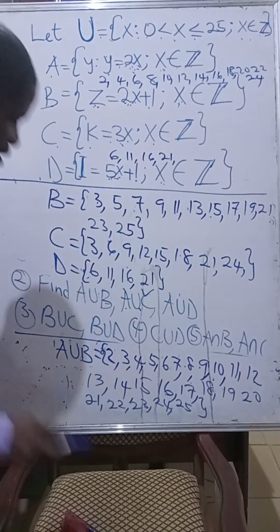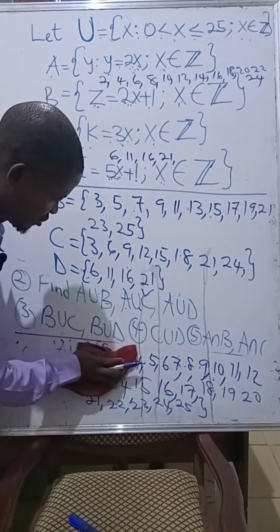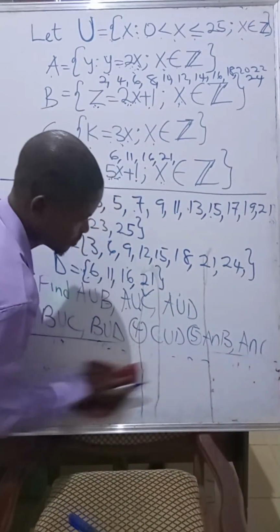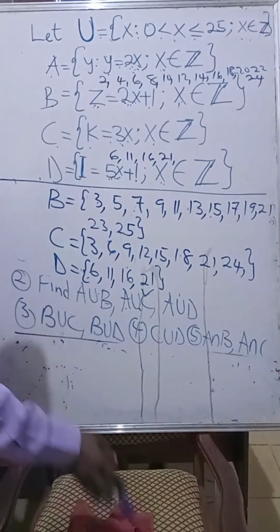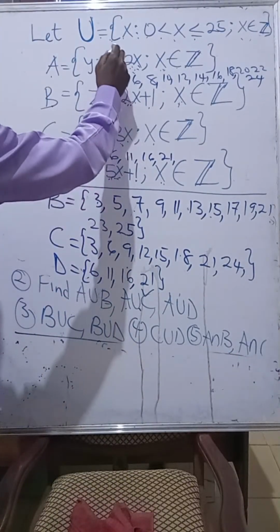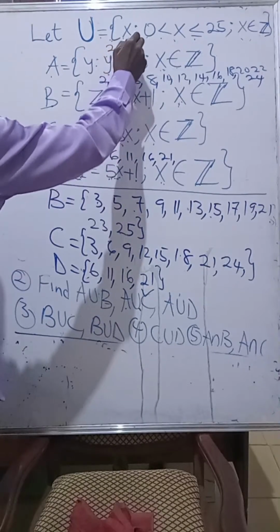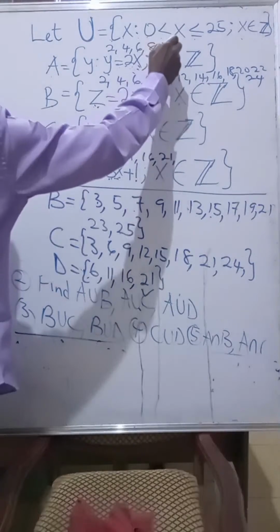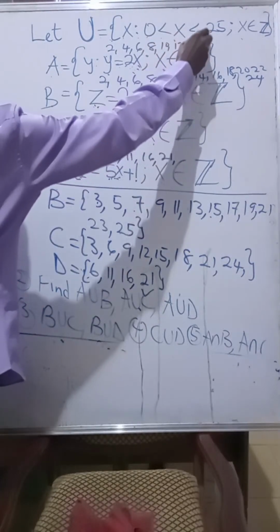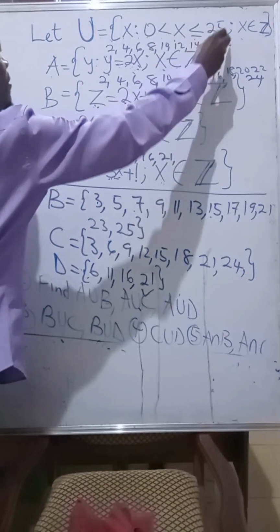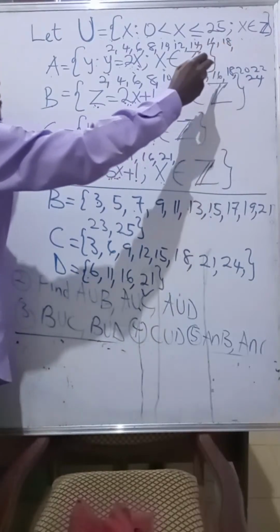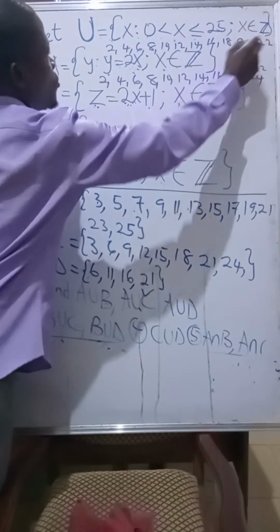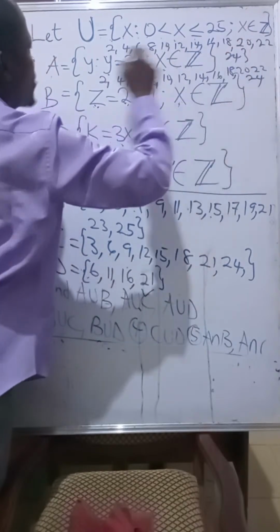That's our D. So let's now get A union D. My A is the even numbers: 2, 4, 6, 8, 10, 12, 14, 16, 18, 20, 22, 24. That's my A.